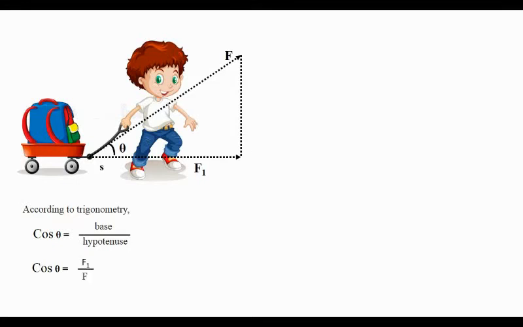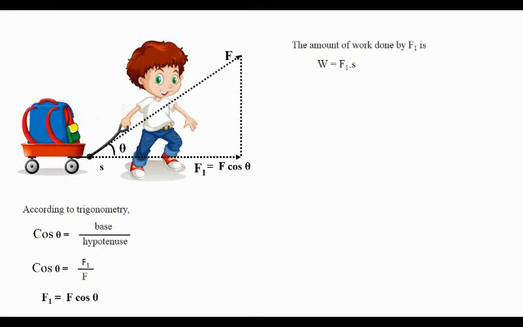After simplifying, we get F1 equals F cos theta. F1 is the horizontal component of force F, that is F cos theta. The work done by F1 is W equals F1 into S.